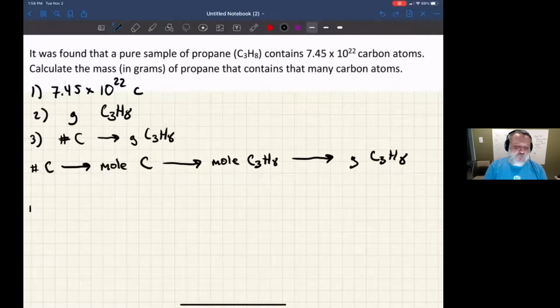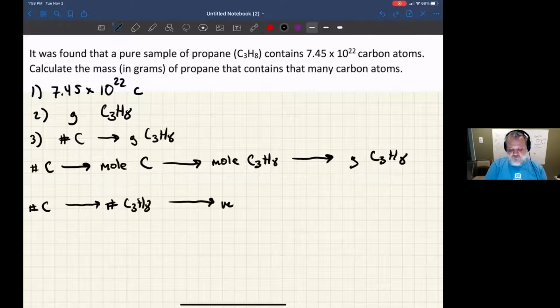Now there is another path. Instead of going to moles of carbon second, I can go to the number of carbon atoms. Then once I know the number of carbon atoms, I can go to the number of C3H8 molecules. And once I know the number of C3H8 molecules, then I know the number of moles of C3H8.